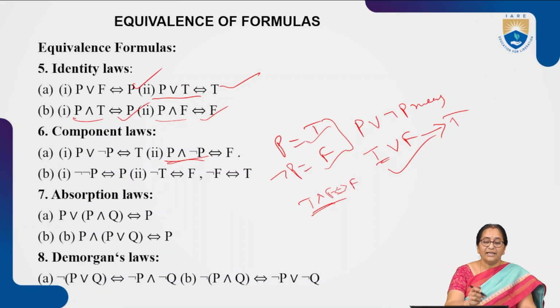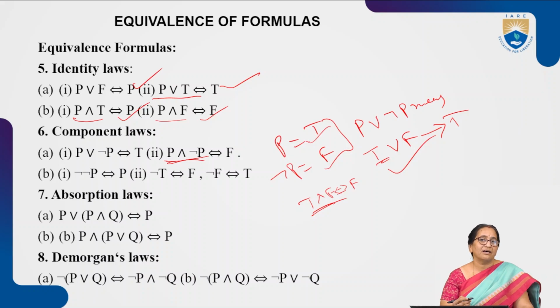The next one is negation of negation P, which is always equivalent to P. Negation of T is false, and negation of false is T.